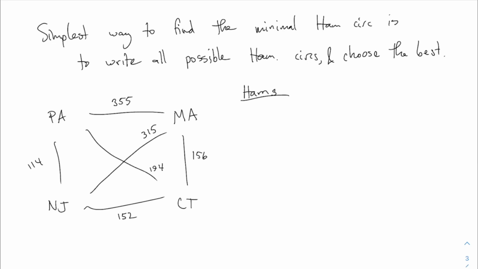So instead of writing the full 2-letter abbreviations, I'm going to write something like CMNPC. C means Connecticut, and so on, right? Now, that is what I just wrote there. That's one possible way to make a Hamilton circuit here.